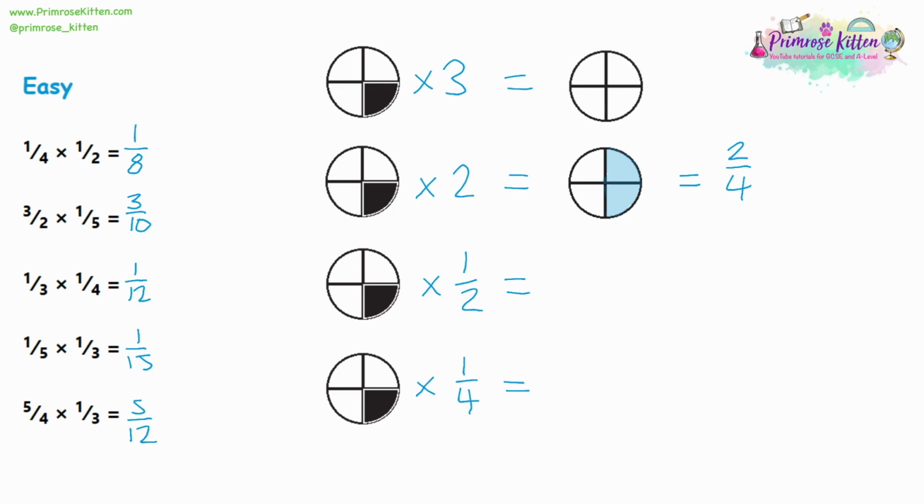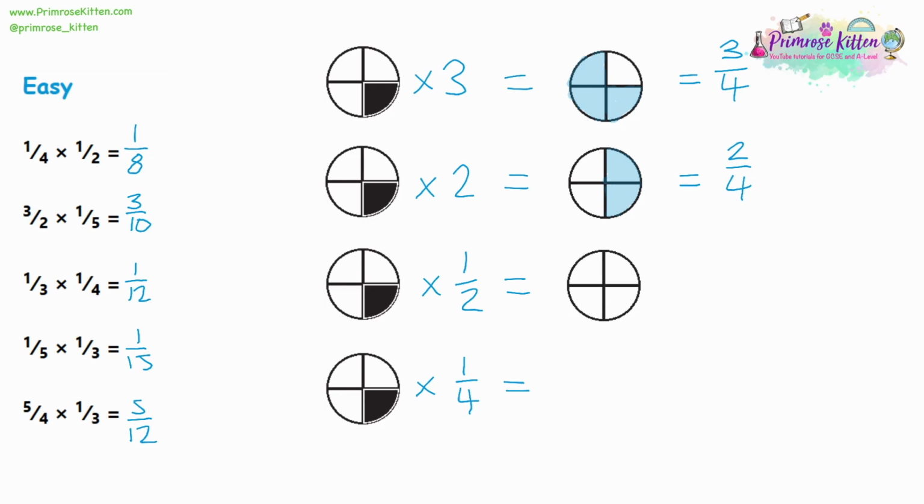Let's check that with 1/4 multiplied by 3. So we're going to keep the quarter we started off with, and because we're multiplying by 3, we're going to make it 3 times bigger, so 1/4 will become 3/4. So again, 1/4 multiplied by 3 is 3/4. So we've multiplied the numerator by 3, but the denominator 4 has stayed the same.